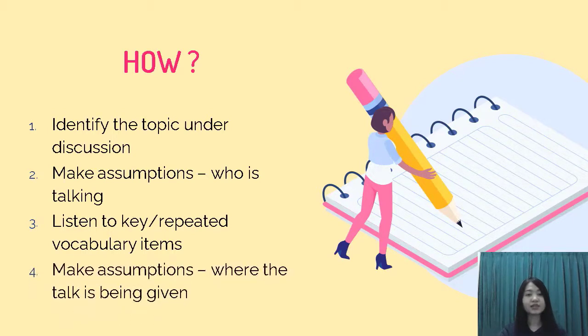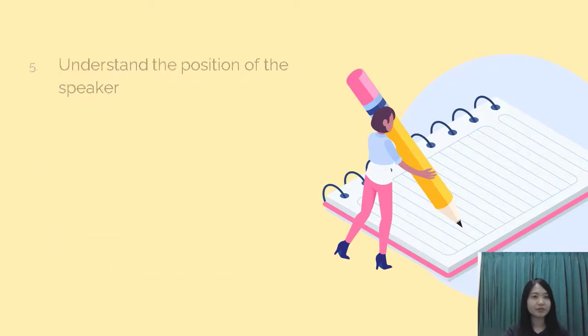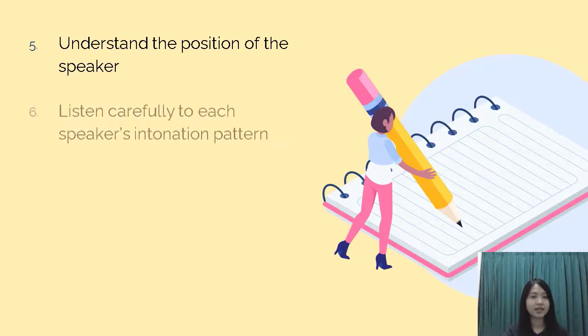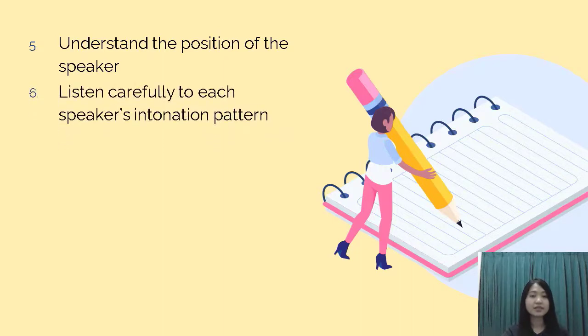Don't forget to make assumptions about where the talk is being given. Number 5, you need to understand the position of the speaker while he or she is talking. This is the same step that you may find in main idea questions. Number 6, you need to listen carefully to each speaker's intonation pattern.